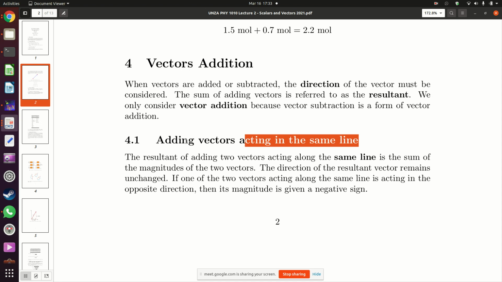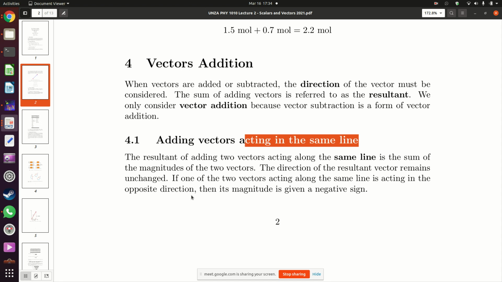It means that they are pointing in the same direction. Same direction also means that you might have a vector which is parallel but pointing in the opposite direction. That one also qualifies as a vector which is acting along the same line.